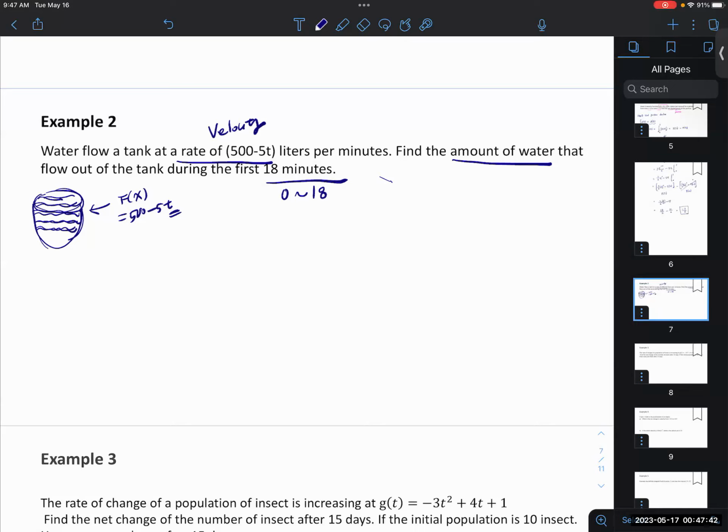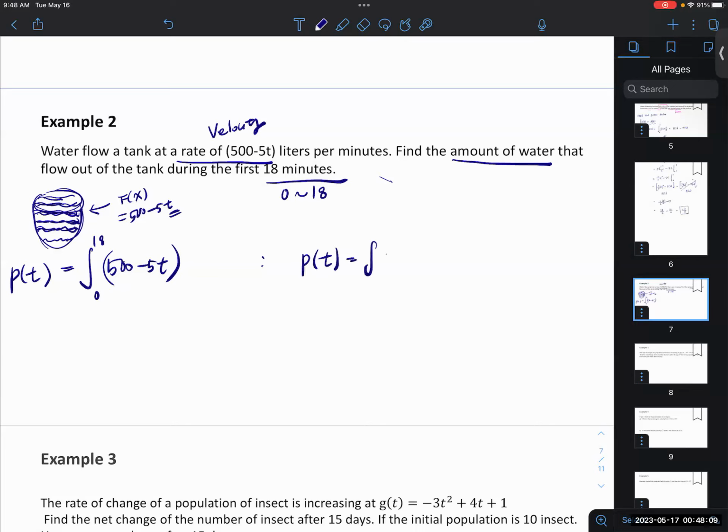So what do you guys think? If you take the integral of that velocity function from 0 to 18, you can find out the position function of the water. In other words, this position implies that the amount of the water was here, and then it's getting filled. The position is going to be changing. So same thing, we are looking at the relationship.